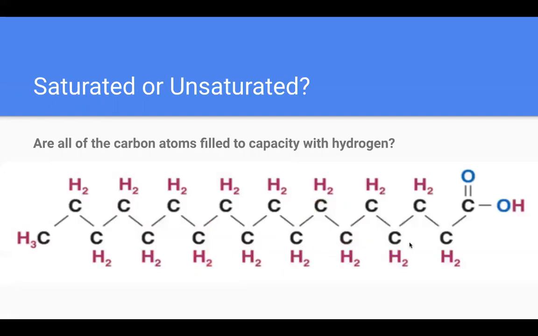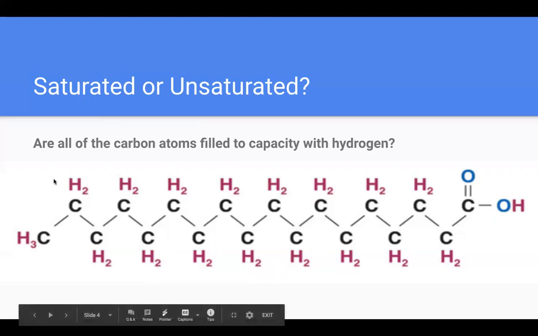With fatty acids, we have two different types. We have saturated and unsaturated. We're going to look at some examples over the next few slides in order to differentiate at a molecular level what the difference is between saturated and unsaturated. The question that we need to ask ourselves when we are trying to figure out whether or not a fatty acid is saturated or unsaturated is, are all of the carbon atoms filled to capacity with hydrogen?